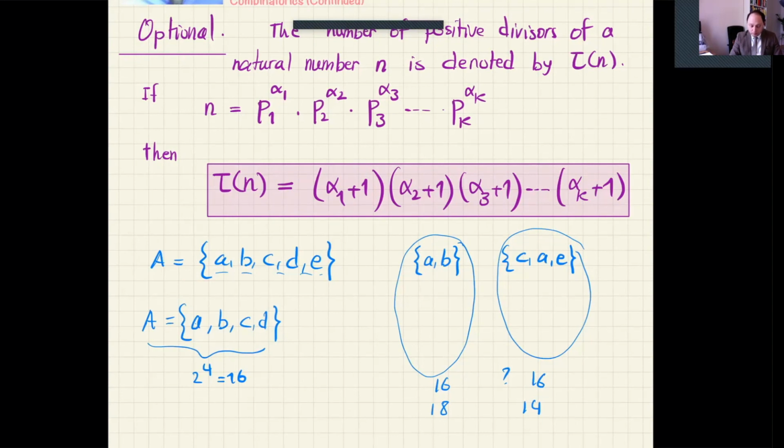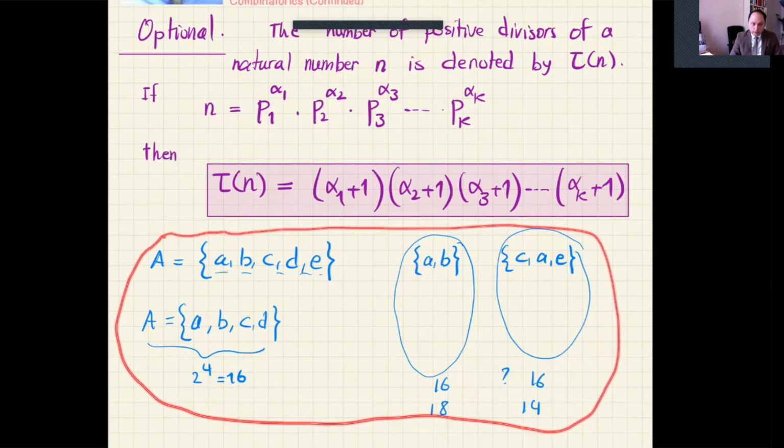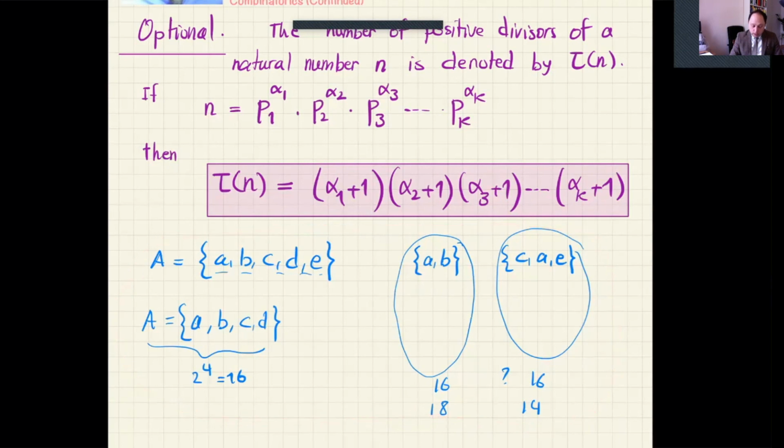This is the problem that I want you to think about. You need to be able to convince me that for any set, the number of odd subsets and the number of even subsets are the same. Intuitively it might be clear, but I want you to put this on firm ground and to be able to defend your arguments.